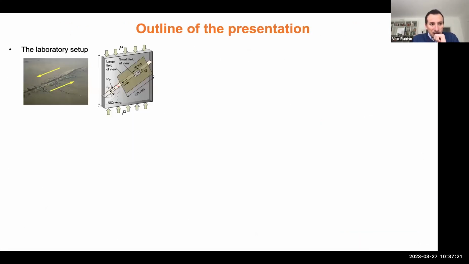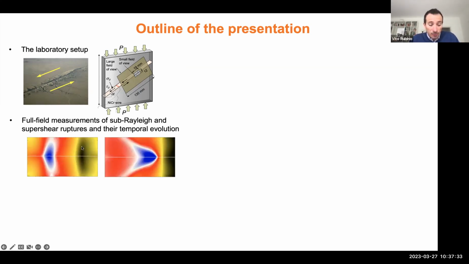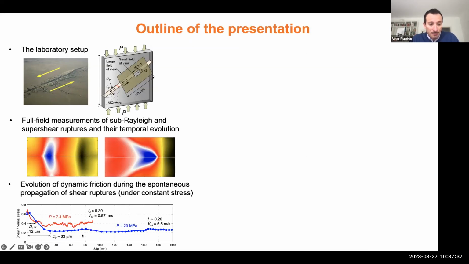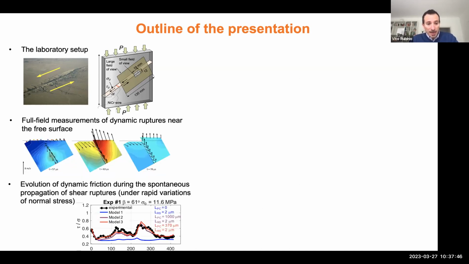In this presentation, I would like to start by describing our experimental approach and how it can be used to study the full field behavior of dynamic ruptures and unravel the underlying friction behavior for cases of constant stresses, and then revisit both the full field behavior and the friction evolution in cases when the normal stress is not constant, mostly for analog materials.